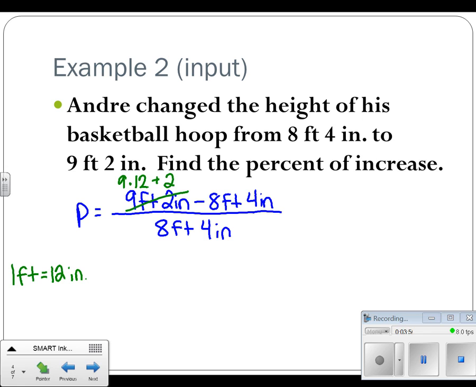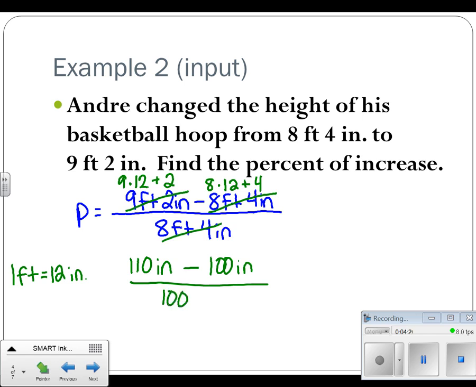You would get a total of 110 inches minus, now we're going to change 8 feet 4 inches and convert it all to inches. 8 feet, we would do 8 times 12 and then add the 4 inches to that. We're left with 100 inches when we convert that. And then the original amount is the same as what we just found. That's the 100 inches. We should put decimals on all those.